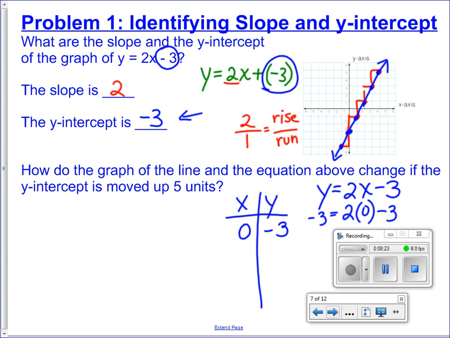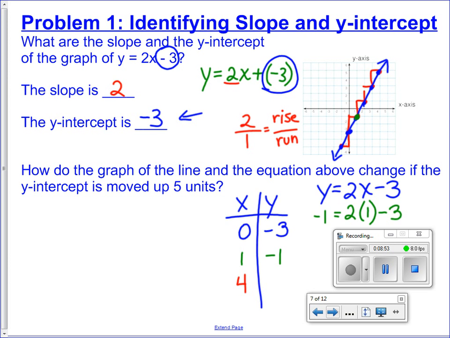If I put in 1, I would have 2 times 1 is 2, minus 3 would be equal to negative 1. So at 1, my y value is negative 1. And notice right here is that point. All right. Likewise, if I put in, let's say 4.